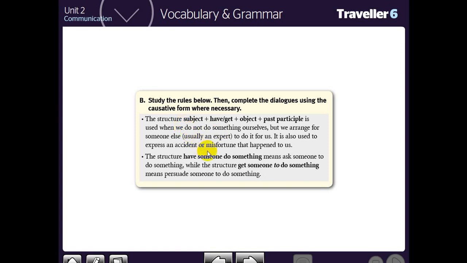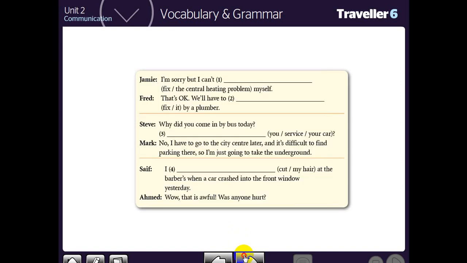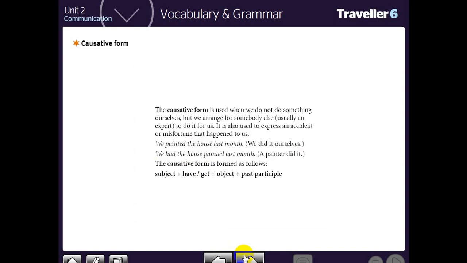Now, let's go ahead to the different structures of causative in English. Let's go ahead to the table of different structures of causative in English. This is the main structure: subject plus have or get plus object plus past participle.